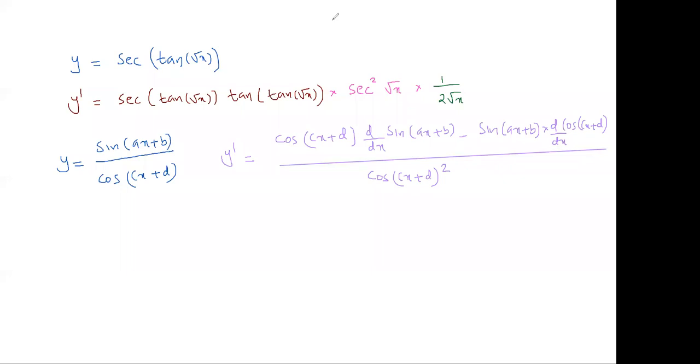We applied quotient rule: denominator into derivative of numerator minus numerator into derivative of denominator divided by denominator square.